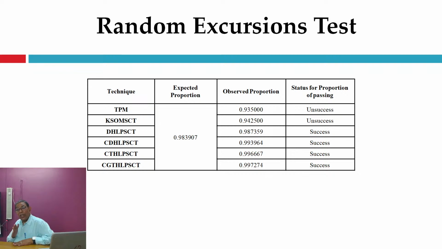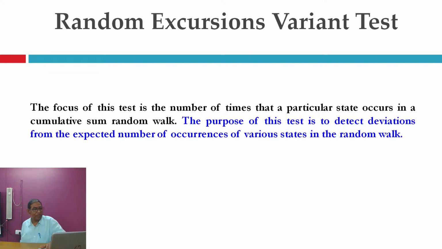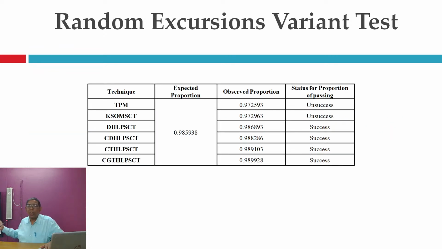You see that means you cannot take the SOM network for security purposes. That benchmark is proposing that to you. In terms of benchmark, you can reject one algorithm. You see the random excursion variant test. Here also some network is unsuccessful.